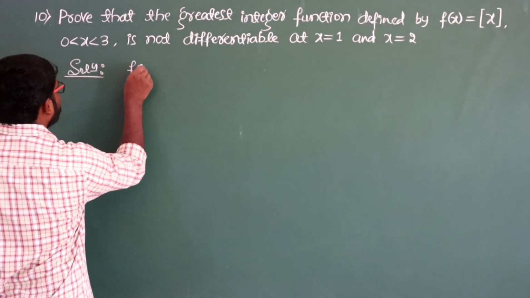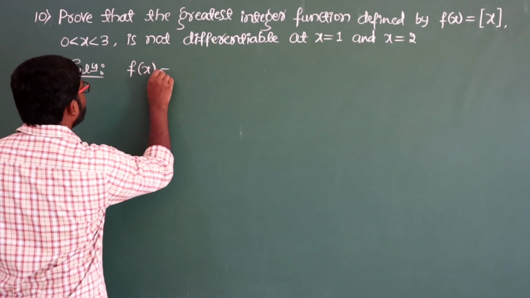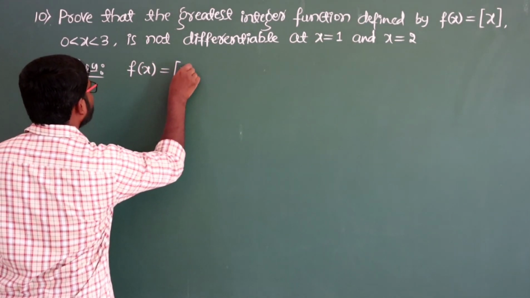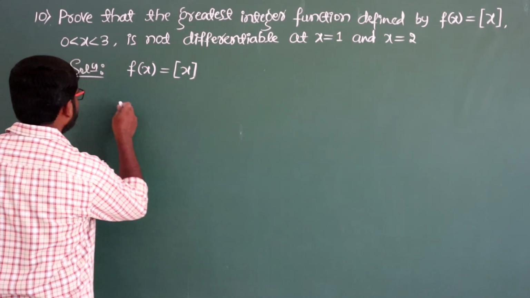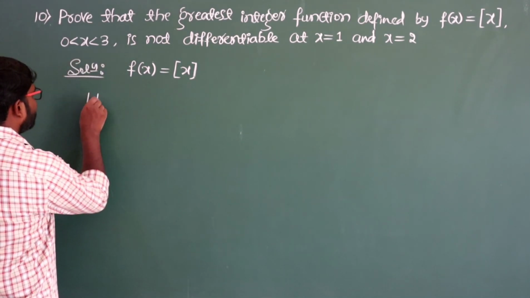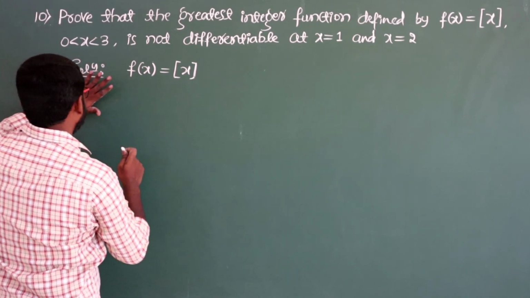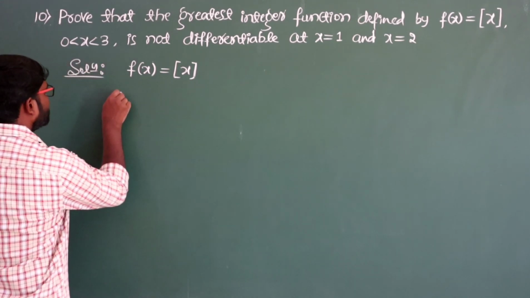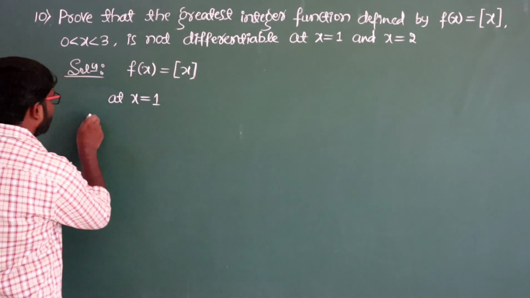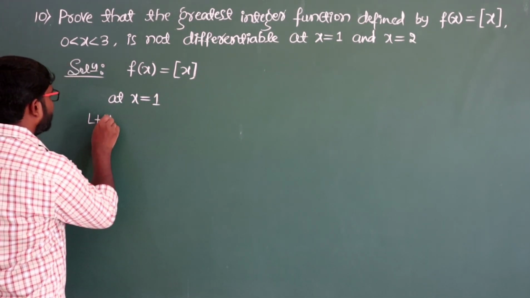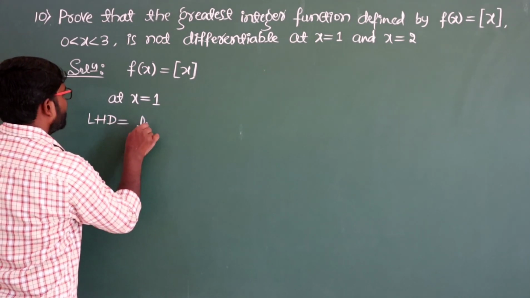The given function is f of x equal to greatest integer x. I will go for the left hand derivative LHD at x equal to 1. Left hand derivative LHD is equal to, what is the formula?